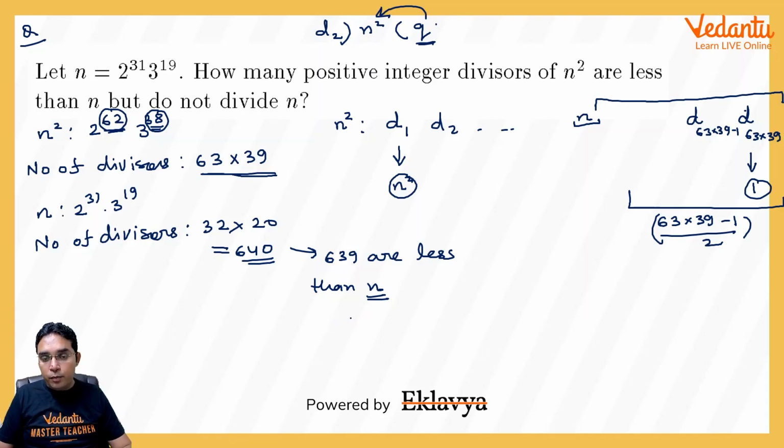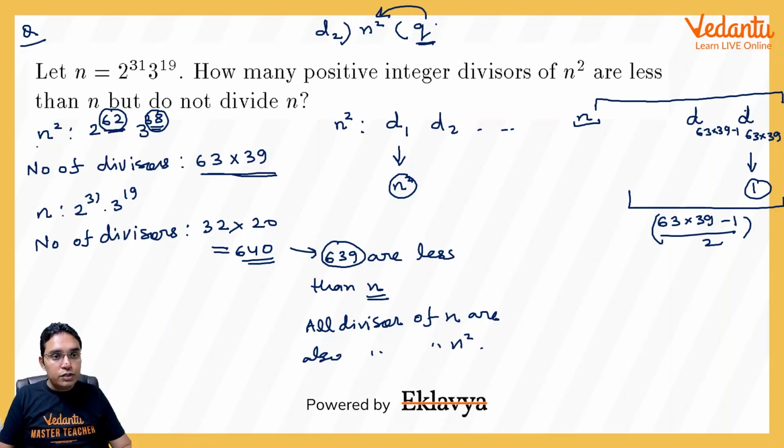And also one more important thing, that all divisors of n are also divisors of n square, isn't it? So these 639 divisors which are less than n will also divide n square. So if I focus on those divisors which divide n square and are less than n, which we have already calculated, they are (63 into 39 minus 1) by 2.